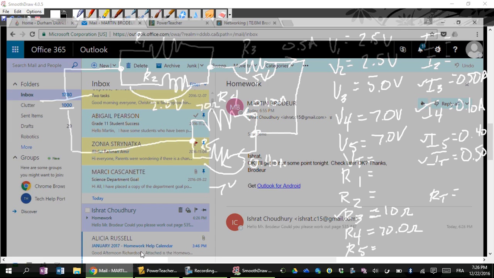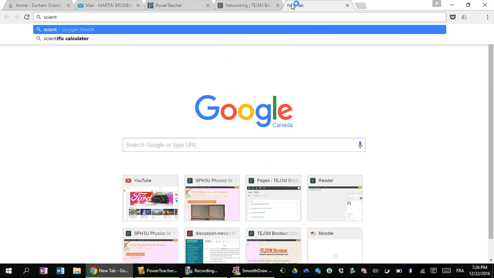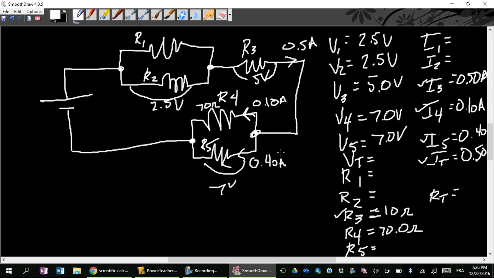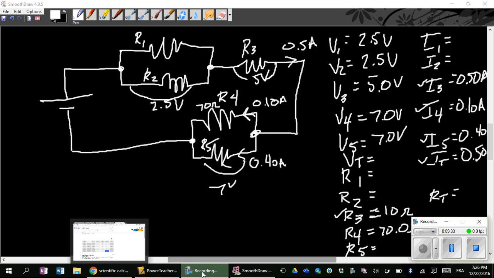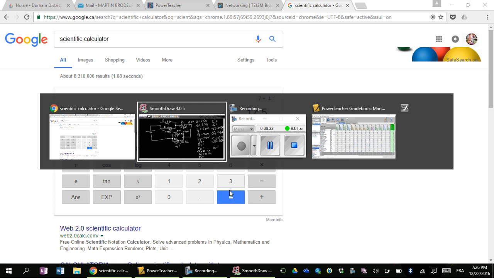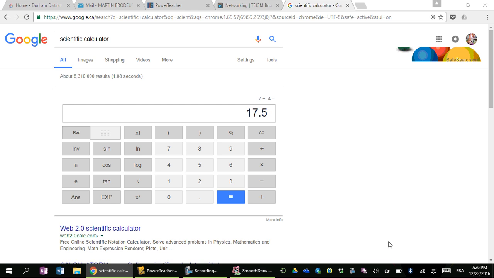I need to multiply that. Scientific calculator. What were my numbers? 7 over 0.4. 7 divided by 0.4. 17.5.